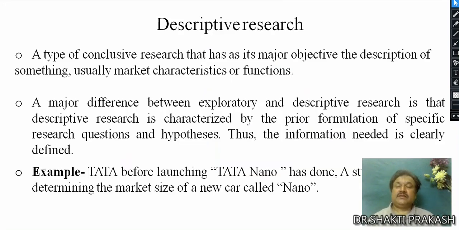Descriptive research is a type of conclusive research that has as its major objective the description of something, usually market characteristics or functions. A major difference between exploratory and descriptive research is that descriptive research is characterized by the prior formulation of specific research questions and hypotheses. Thus, the information needed is clearly defined.